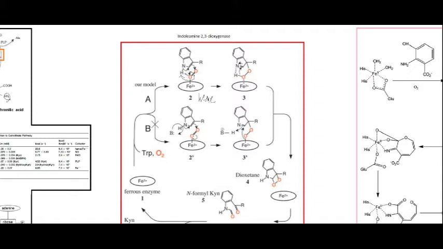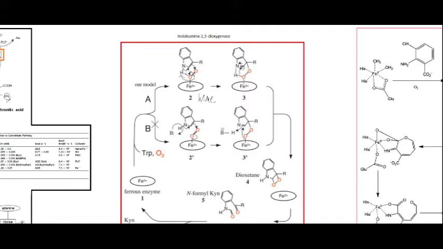So we end up with this intermediate here, where this carbon is now bound to this oxygen. This oxygen is now bound to the hydrogen that was on the tryptophan nitrogen, and this double bond has moved over to the nitrogen. And now it shows the electrons from this oxygen-hydrogen bond moving up towards this carbon right here, the double bond electrons moving onto the nitrogen.